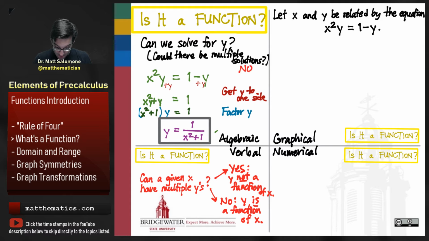There cannot. There's always only one way to make 1 over x squared plus 1 for a given value of x that you provide for me. And so, based on this observation, this right-hand side is what we call a single-valued expression. And so is y a function of x? The answer here is yes, based on the algebraic calculation that we just did.